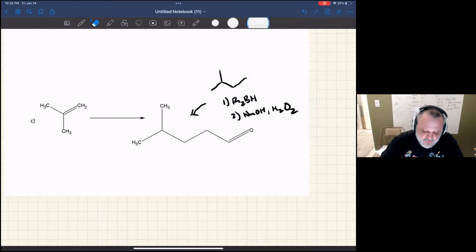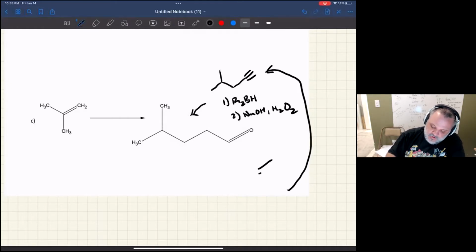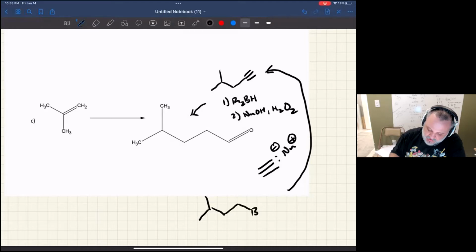Hydroboration oxidation is hydration of an alkyne. This makes a little bit more sense, and I apologize for any confusion. Well, how do I do this? Well, I can make this by adding an alkynide ion to an alkyl halide.